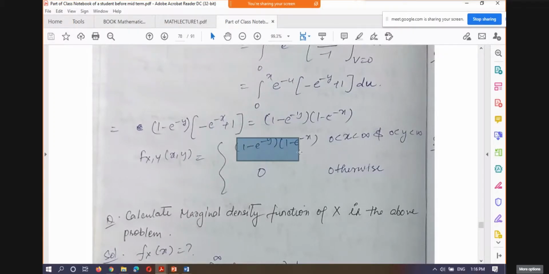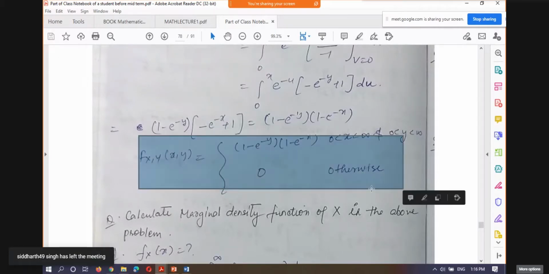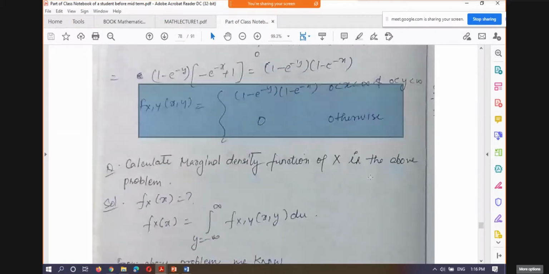So this is the way you calculate the joint cumulative distribution function from the joint probability density function.